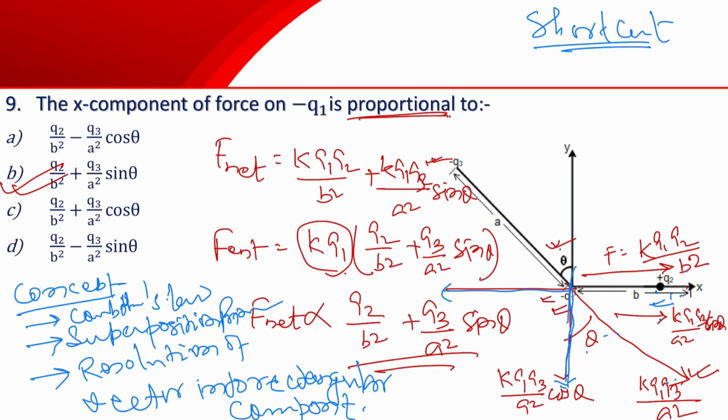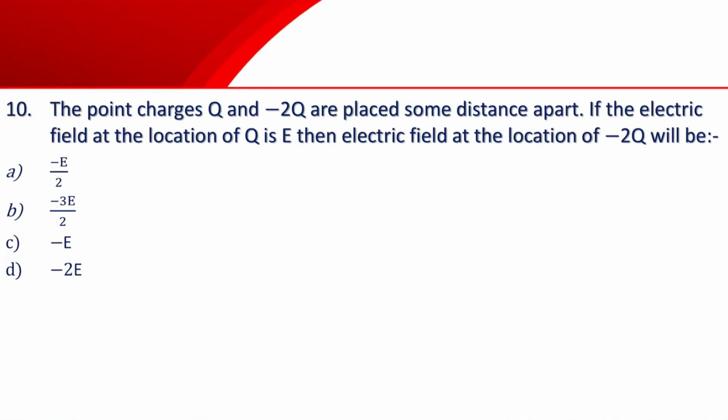So in how many options? Only 2 options have a plus sign, and obviously in the one which has a square in the denominator, the sine component will be along x, so this will be the option. By shortcut we can write this.